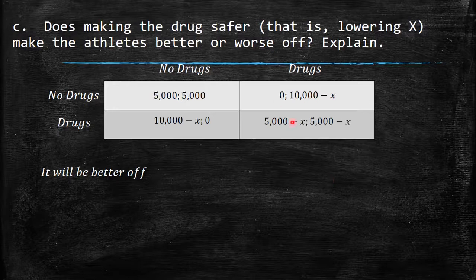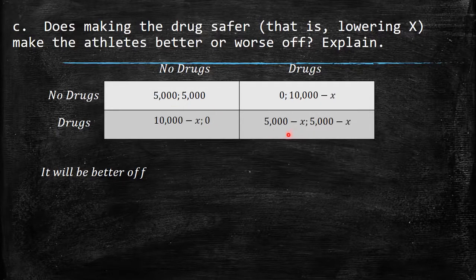Because when x is lower than 5,000, closer to 0, your payment should be definitely closer to the cooperative situation, right? Because, for example, if x is really low, just 1, you will receive 4,999.